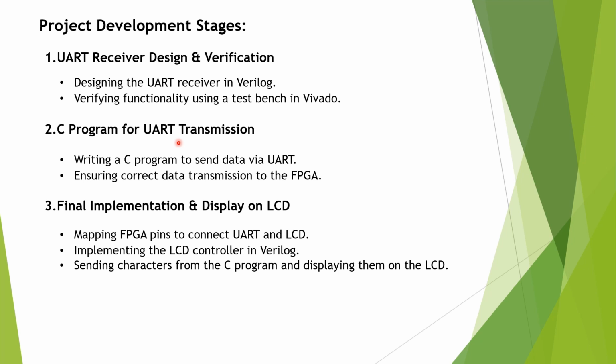Under this stage, we will write a C program to transmit data via UART and verify the correct data transmission to the FPGA. And the final stage is the implementation and display on LCD. Here, mapping of FPGA pins for UART and LCD connectivity will be done, implementing the LCD controller in Verilog, and after that displaying the received character on the LCD. So it ensures efficient debugging and verification at each stage.